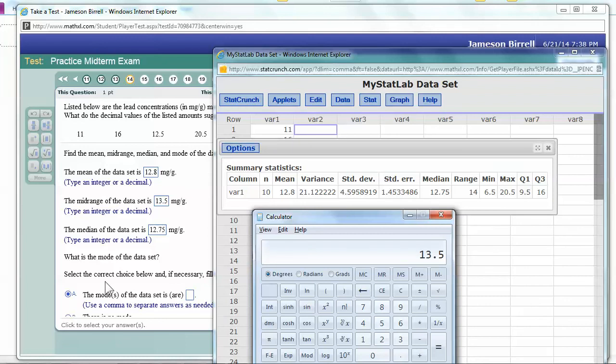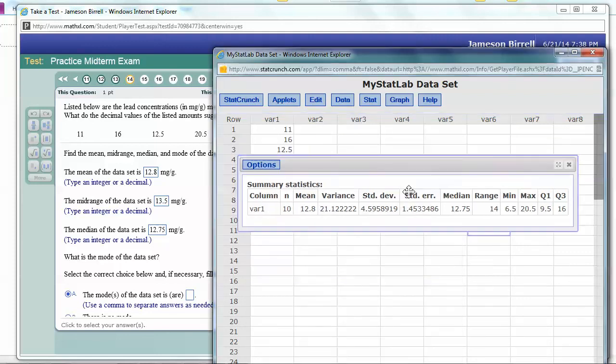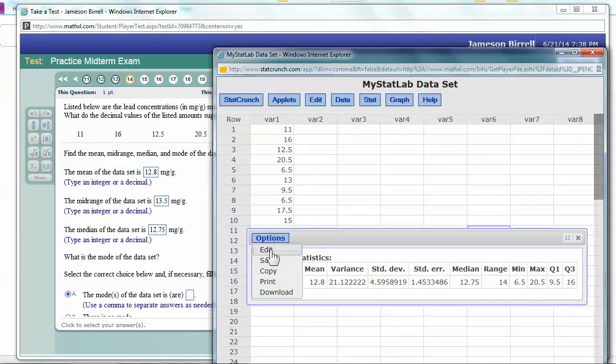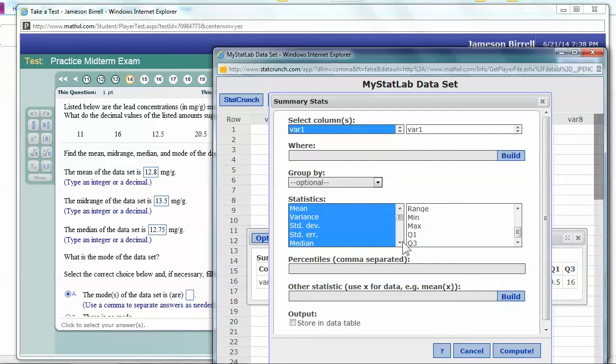Now actually, as I come to this last part, what's the mode? I recognize that I didn't sort the data because I was using technology to do my calculation, and if I sort it, it would be very easy to see. So I can sort it, or I can go back to my options here and choose Edit and see if there was a mode option.